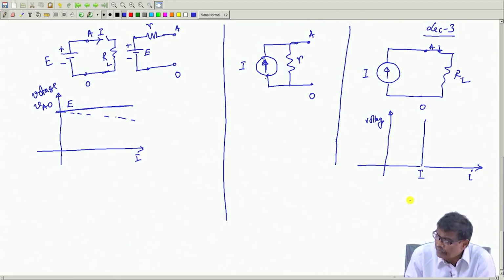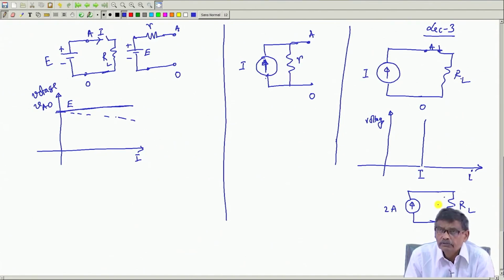For example, if you have a 2 ampere current source, somebody says ideal current source, connect RL. If RL is equal to 1 ohm, the voltage across this will be 2 volt.